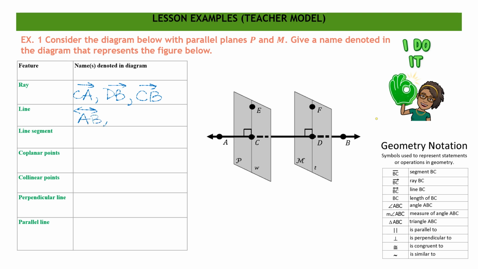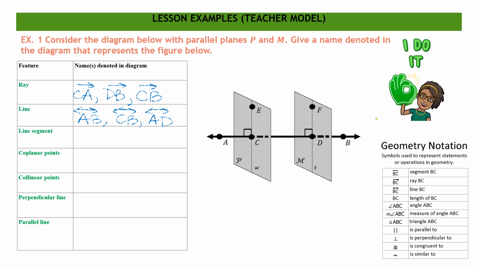I can name this line CB. Or I can name this line AD. It includes all the points, or at least 2 points, and both sides of the line go in opposite directions infinitely.